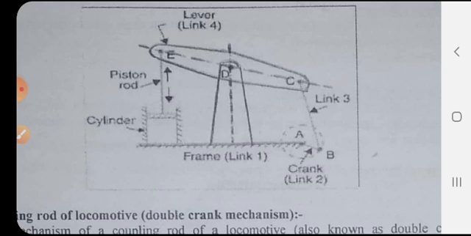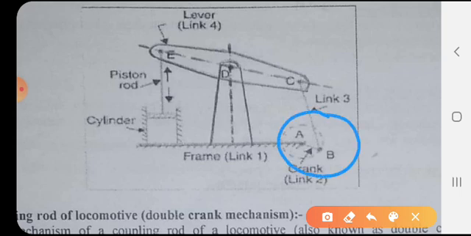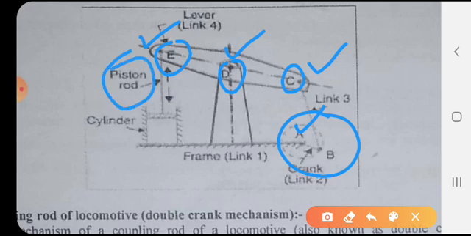In this mechanism, one crank AB rotates about a fixed point A, and the lever CDE oscillates about a fixed point, that is D. The end E of the lever CDE is connected to a piston rod, which reciprocates in the cylinder due to the crank rotation.